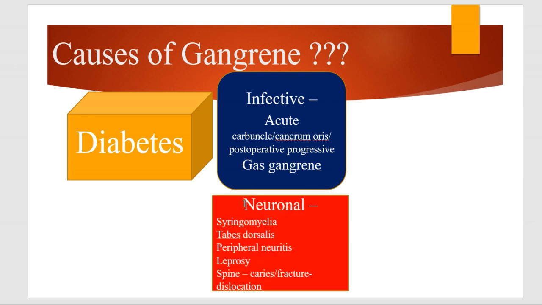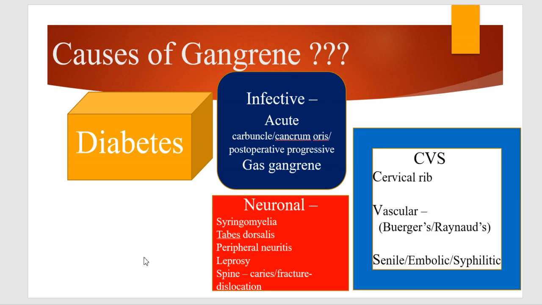Then come the neuronal causes like syringomyelia, tabes dorsalis, peripheral neuritis, leprosy, and obviously the tubercular spine, that spine caries, leading to fracture dislocation of spine. So in all these cases, yes, the patient may develop gangrene in the foot or the limbs, right?